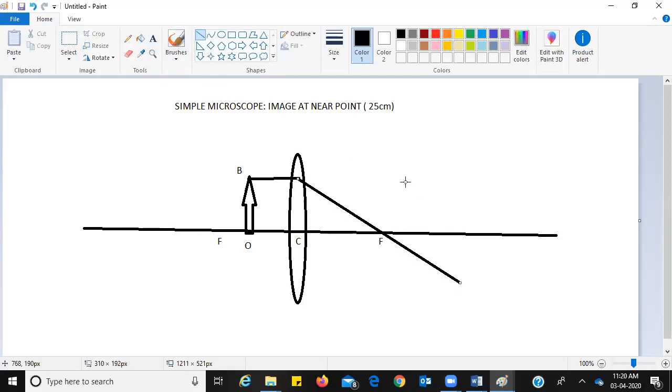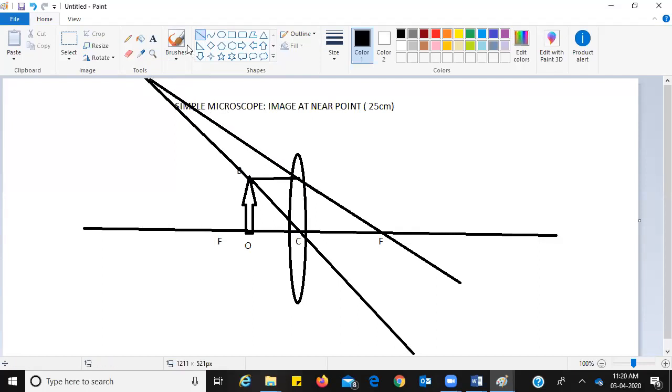The second ray passes through the optic center. Then you have to extend the rays backward with dotted lines and arrows so that they meet. It will be a virtual image. You need to draw the image, otherwise it won't be clear for the exams.